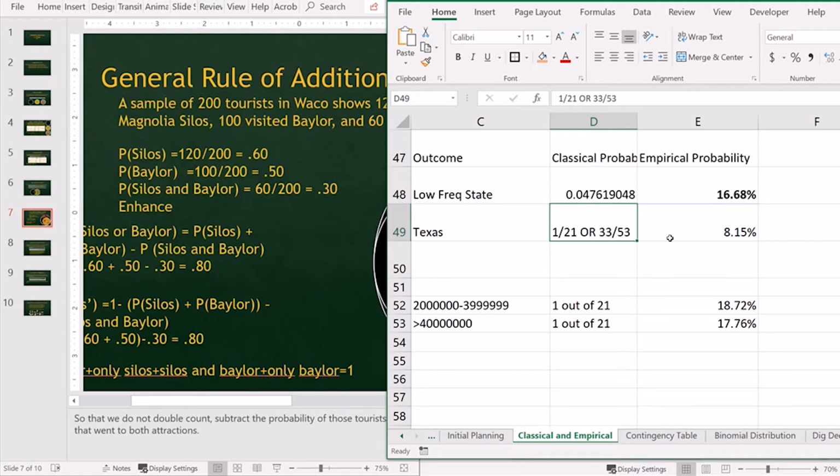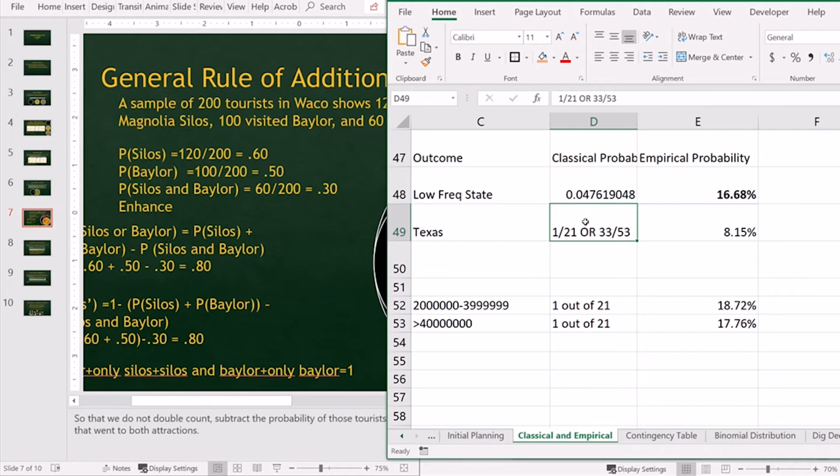Because the classical probability, remember, is the number of favorable outcomes divided by the total number of possible outcomes. How many total possible outcomes are there? 21. There's 21 total possible outcomes. And so because there's 21 total possible outcomes, if I say what's the probability of just one of those outcomes, it's going to be 1 divided by the total number of possible outcomes. You guys tracking with me? Okay, so that's classical probability.